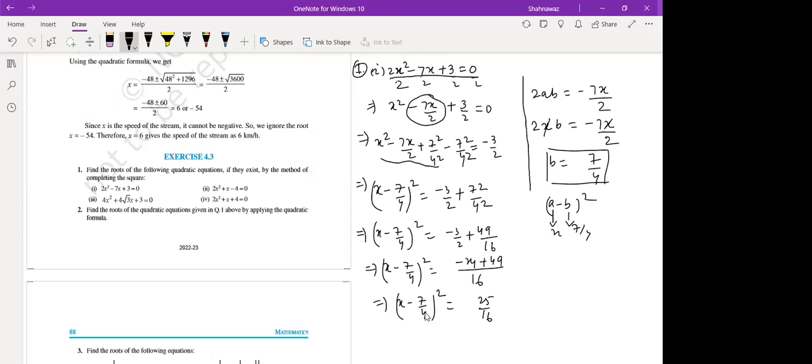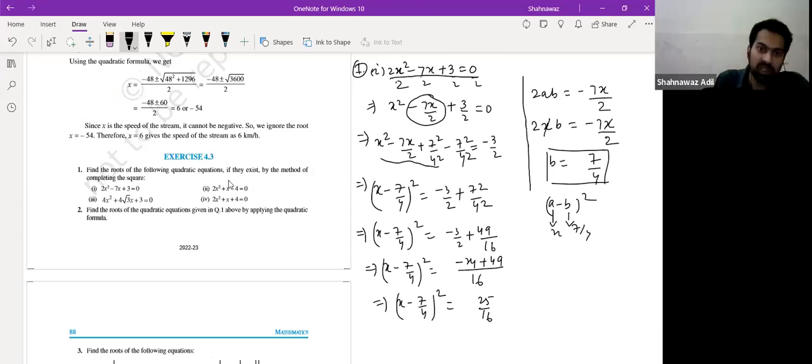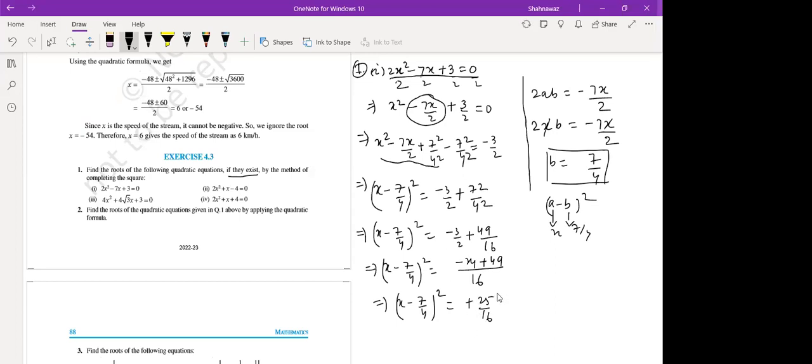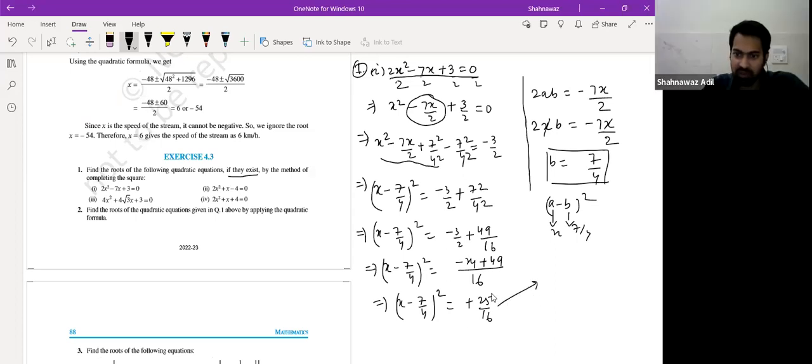Now, this was the question, that if they exist. Whenever you get some positive quantity here, then you can take the root. So for existence, you have to just find this as positive.